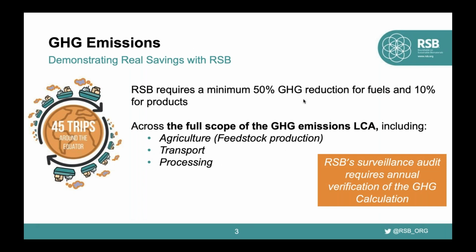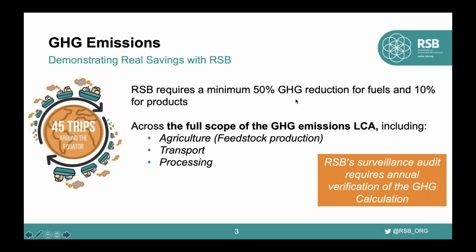So I'm not going to go really into the methodologies that we use for assessing greenhouse gas emissions at RSB, because of course all of the participants on this webinar are familiar with our methodologies. So we're going to really take more of a technical, functional overview of the tool. But just to mention a couple of important tips. When we're looking at the greenhouse gas emissions within the tool, we look at the entire scope.